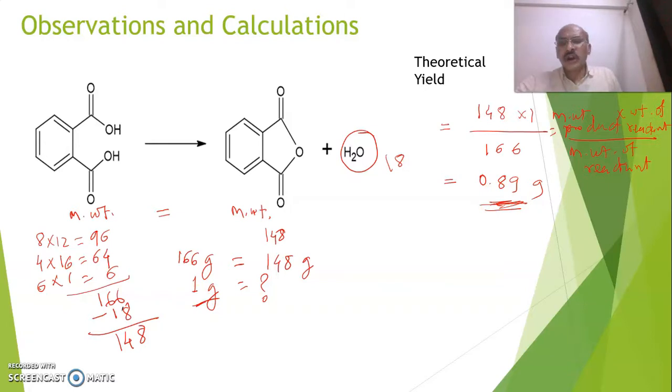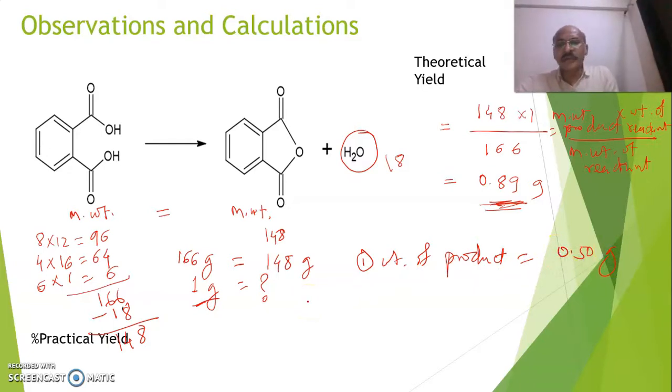Now what is actually obtained? Suppose our observation number 1, the weight of product, is 0.50 gram. Then what is the percentage practical yield? If we have 0.89, that will be 100%. But we have obtained 0.50 gram, then how much percent is that?